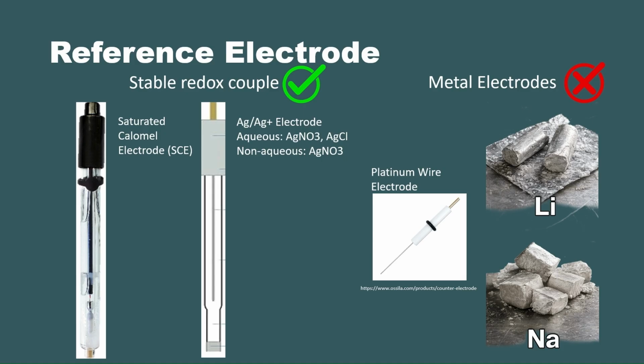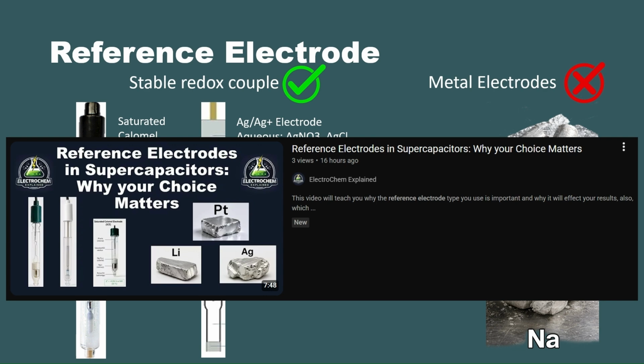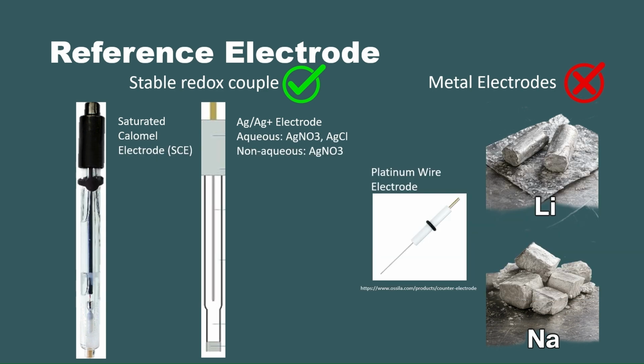So since you'll be using a 3-electrode system, that means you will be using a reference electrode. If you haven't seen my previous video before on reference electrodes in supercapacitors and why your choice matters, go check that out, and it will absolutely explain both the importance of a reference electrode and why the type matters. Basically, the video informs you why you must use a stable redox couple.